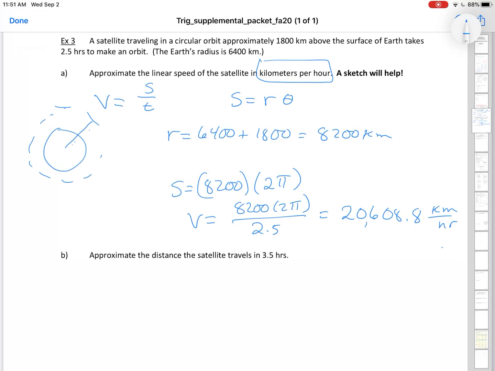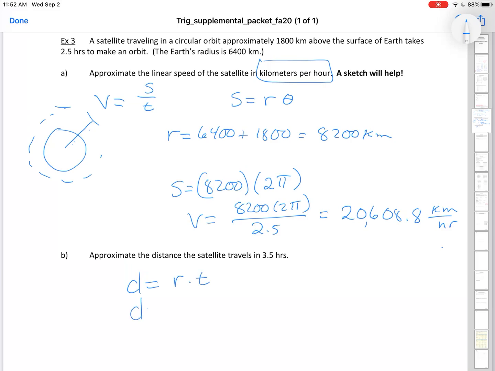Approximate the distance the satellite travels in 3.5 hours. Okay, few ways to do this. So the distance it travels in 3.5 hours. Okay, so distance is equal to rate times time.